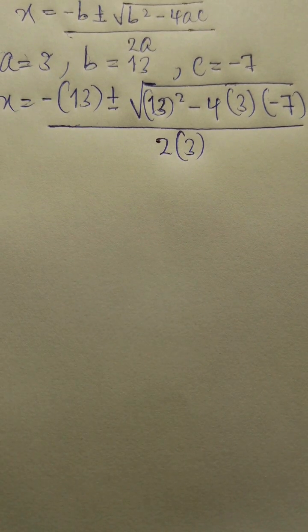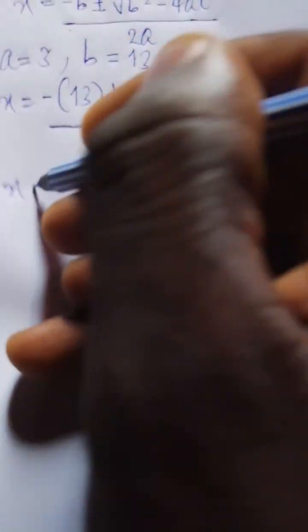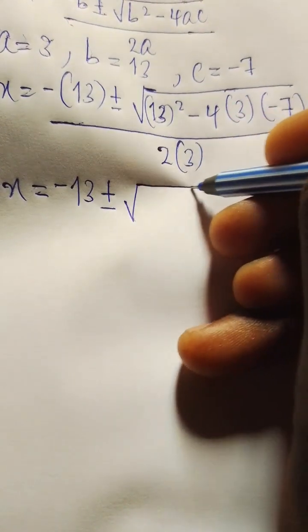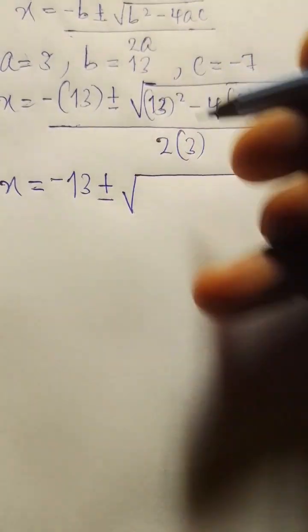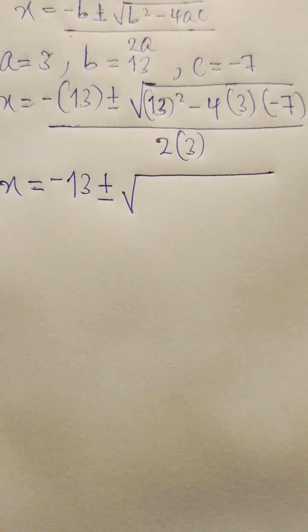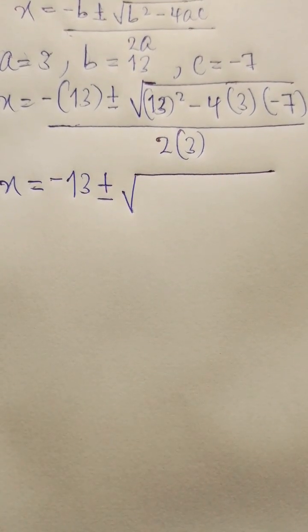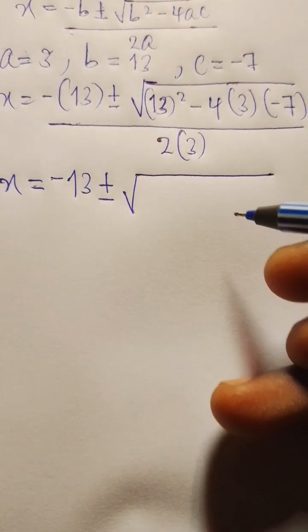Let's now do our algebra. So x is equal to negative times positive 13. That will give us negative 13. Then plus or minus the square root of 13 squared. We'll punch that on our calculator. So that is 169.